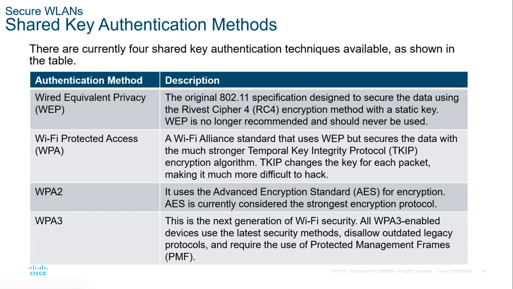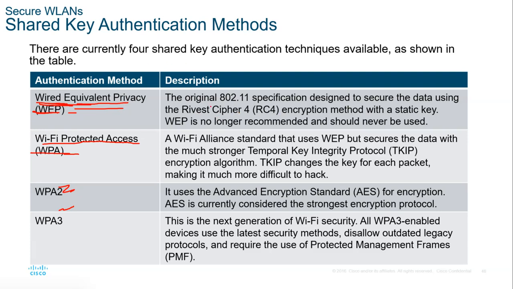So the authentication modes are here, where we have Wired Equivalent Privacy, and then Wi-Fi Protected Access version 2 and version 3. The difference is here in the description.